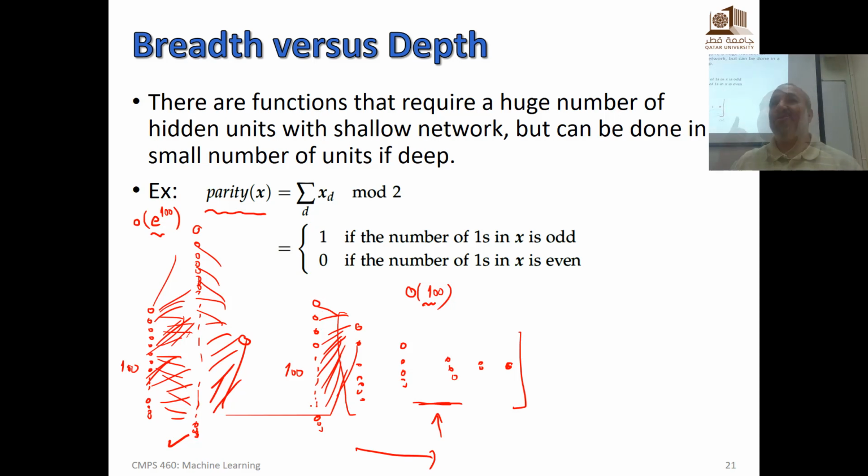So the question was, a couple of slides earlier, we said that we can parallelize these computations, so is it still worth it to have more layers? The answer is yes. Even if we do this parallelization, the difference in time is very clear. So this deeper network will be much more efficient than the other one.